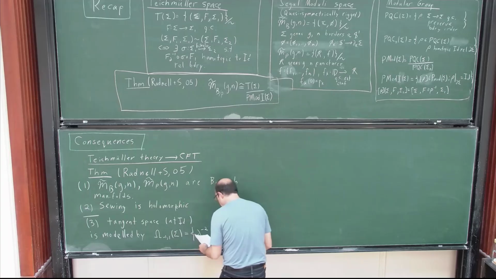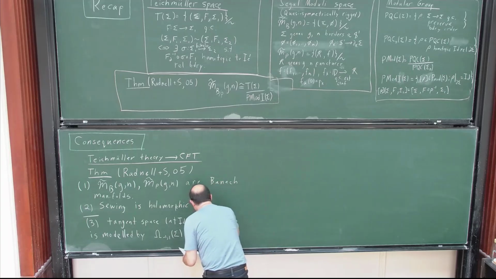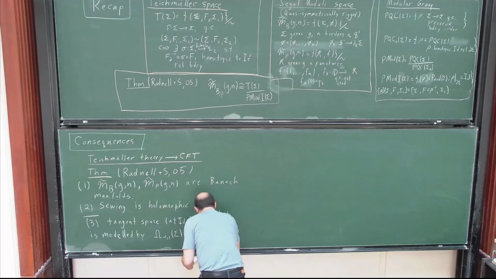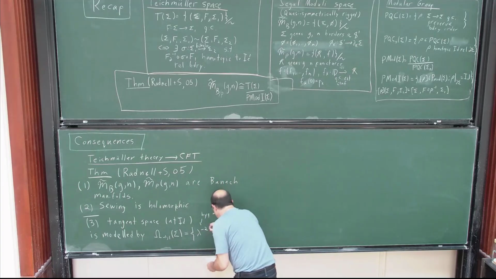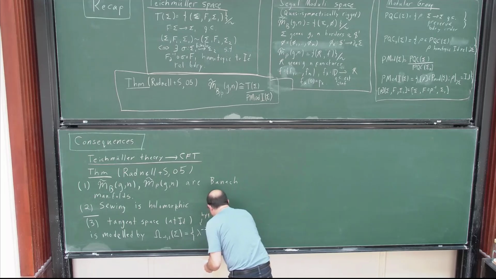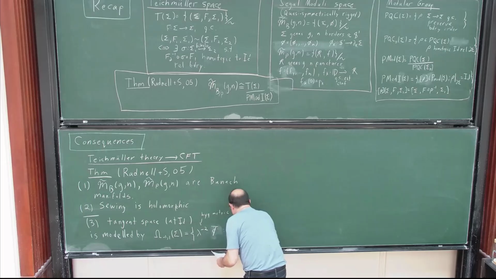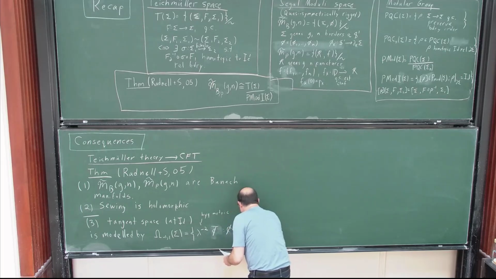You take the hyperbolic metric, and you multiply it by complex conjugates of quadratic differentials on this surface.